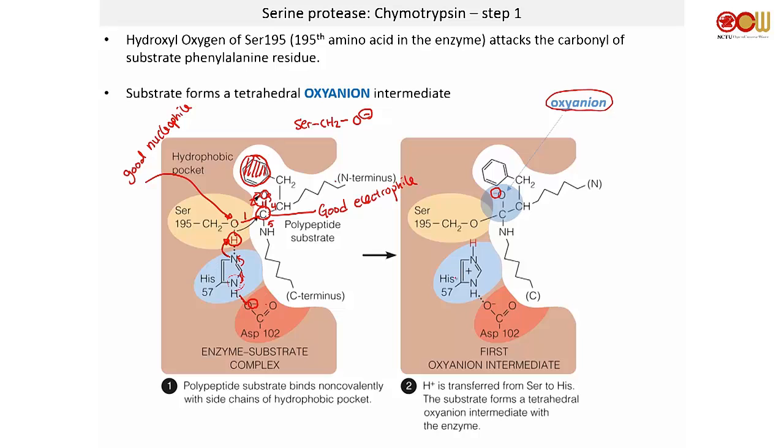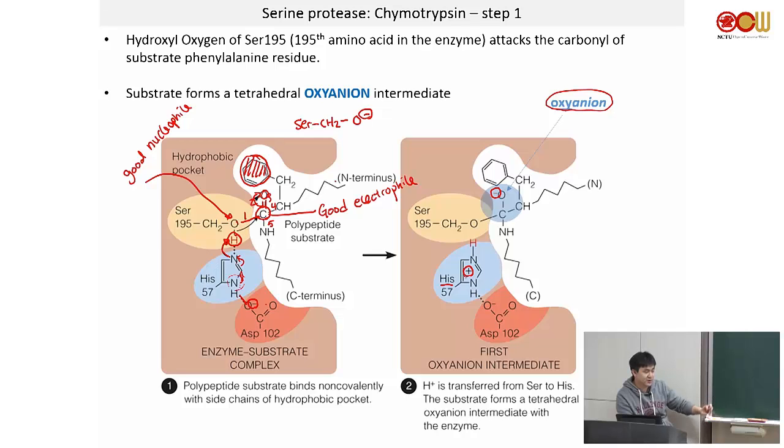What you notice is that your histidine is now protonated. And the reason why you can do this is because histidine has a pKa that is relatively neutral, so it's going to be affected by the aspartic acid right there. So the aspartic acid is going to sort of cause the histidine to want to grab a proton.